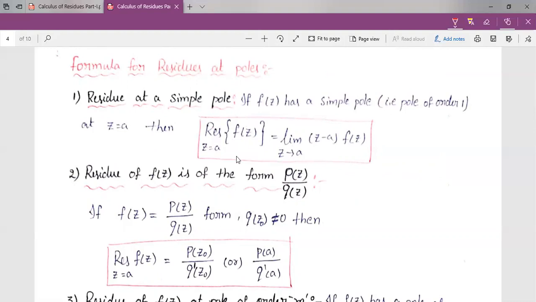So this is the residue at a simple pole.